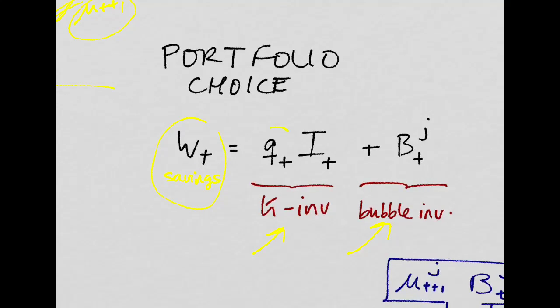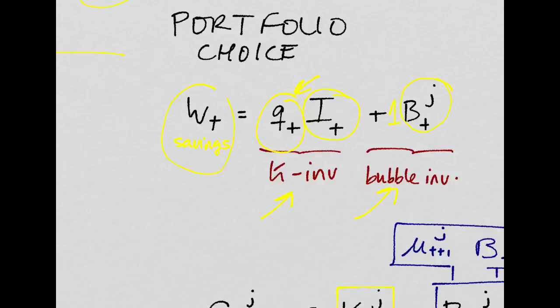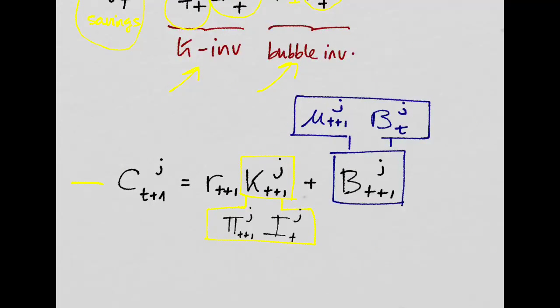If you put them into capital, you have to pay the cost of investing, which is just the price of capital. And then, if you buy bubbles, you just pay $1 per bubble you buy. And then in the future, your consumption is not just going to depend on the returns of the capital.